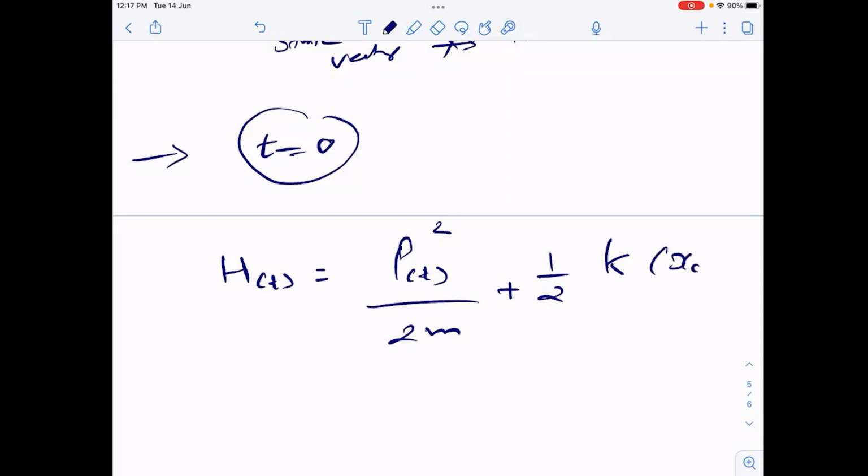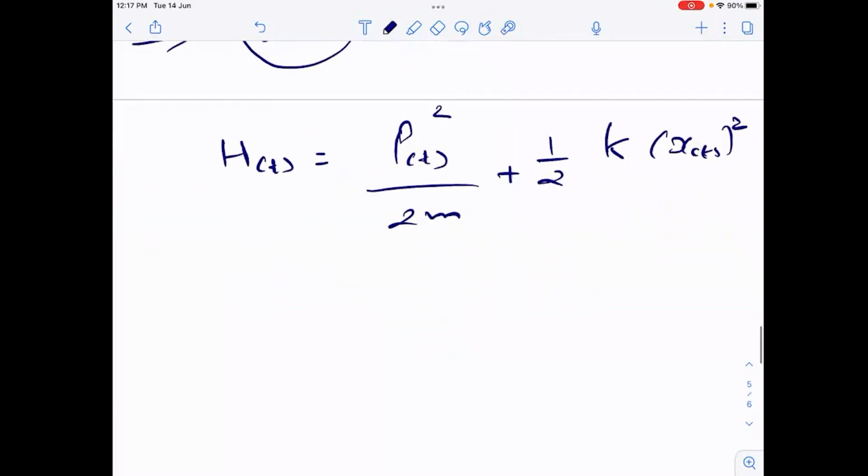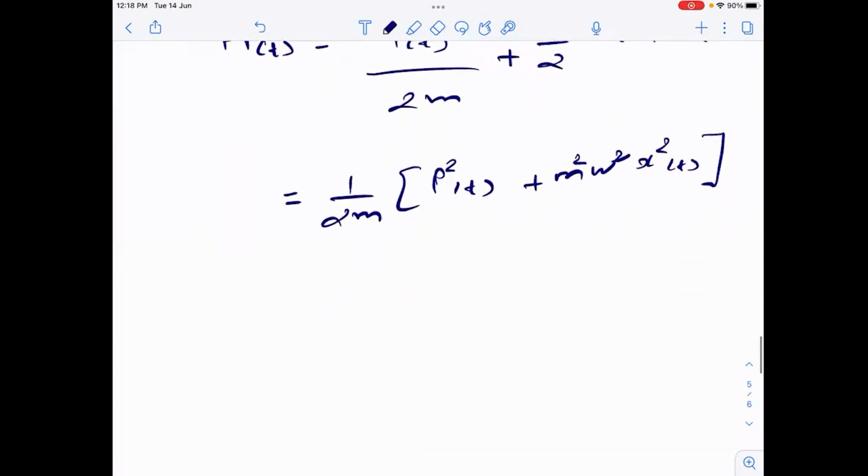So I can write it as x(t) squared. Here our dynamical variables are P and X. Simplifying it, I can rewrite it as 1 upon 2m P squared as a function of time plus half m omega squared X squared as a function of time, since K is m omega squared.